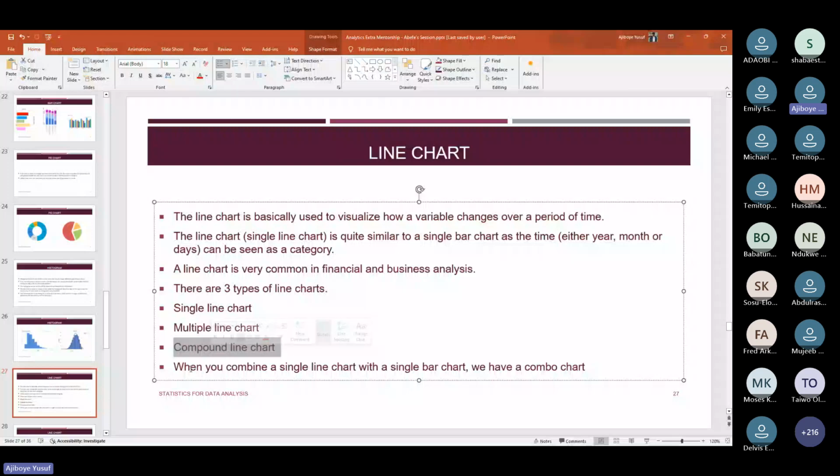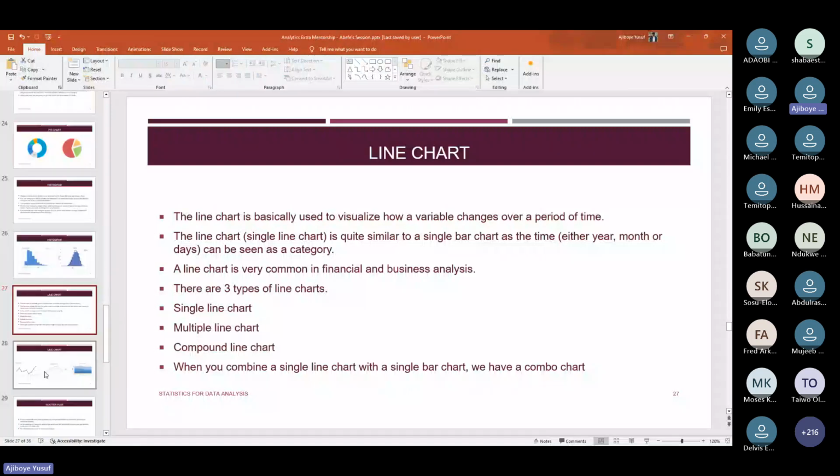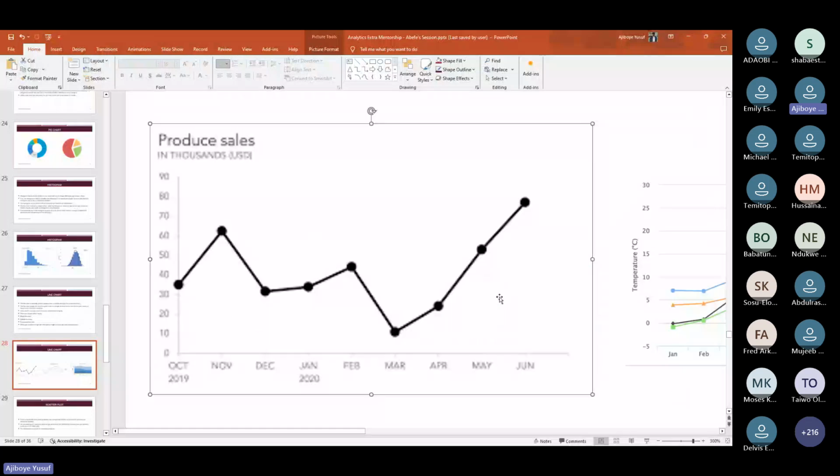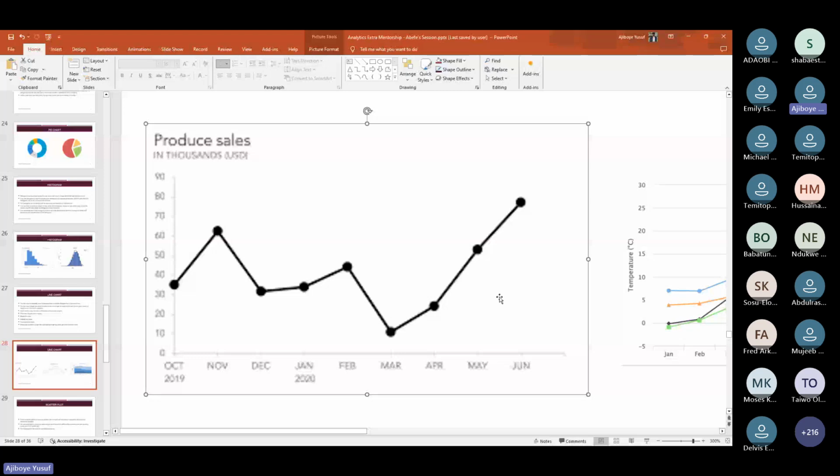So this is a single line chart here. In this case, I'm visualizing sales over time. This is a multiple line chart. I'm visualizing the temperature of four cities: Tokyo, New York, Berlin, and London over the year.